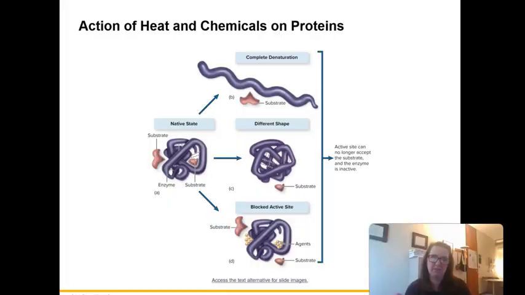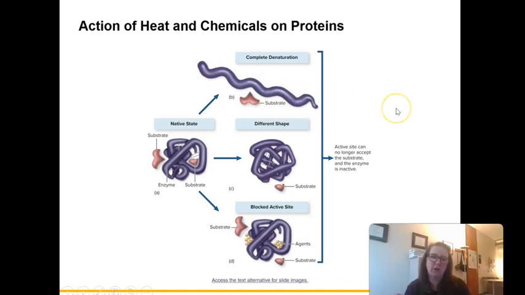Sounds kind of evil. All right, so here is our perfectly folded quaternary structure of a protein. And so when we heat it up, we are going to first change the active sites so that we are no longer able to do the enzymatic functioning if it's an enzyme. And eventually then it's going to unfold.